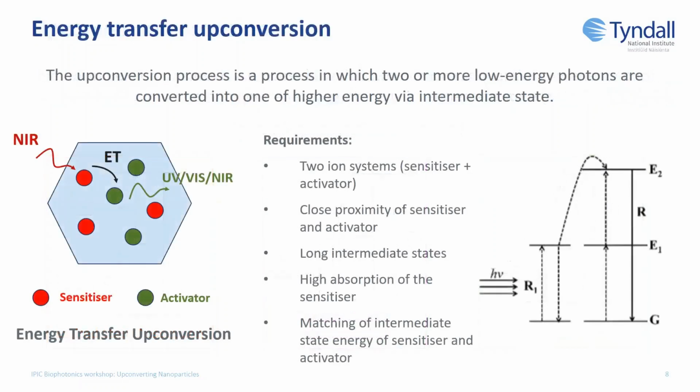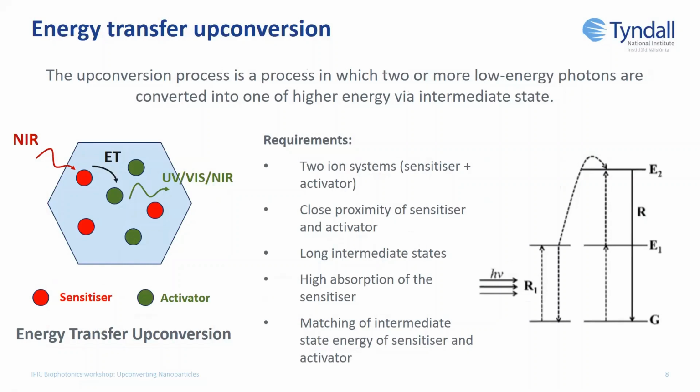So how does it work? In energy transfer upconversion, we have two ion systems. We have a sensitizer that absorbs light, and we have an activator that emits light. So we have two lanthanide ions, and providing that they are within close proximity, once the sensitizer absorbs light, it can transfer that energy to the activator.